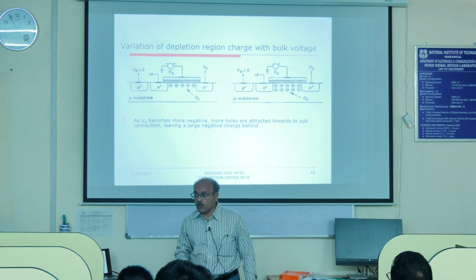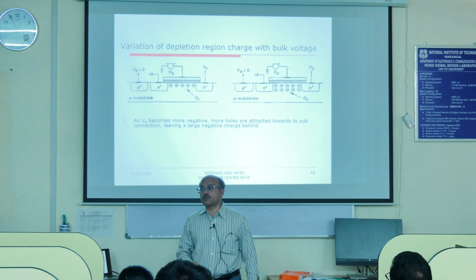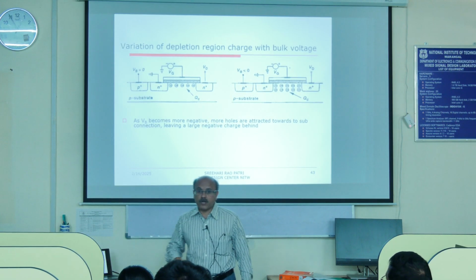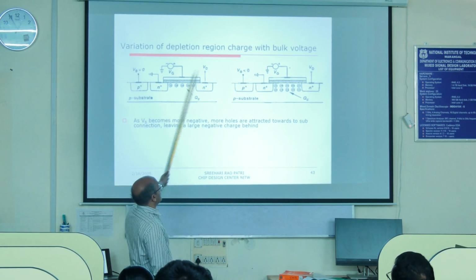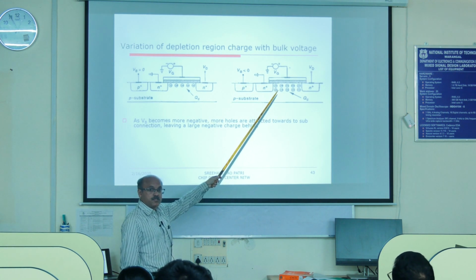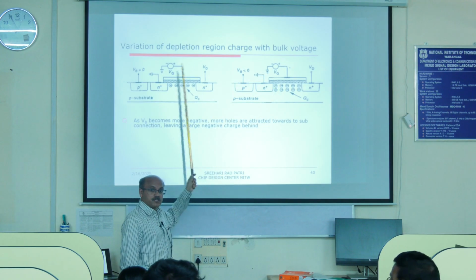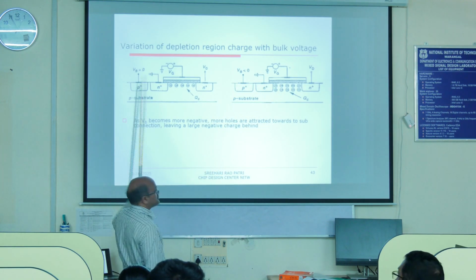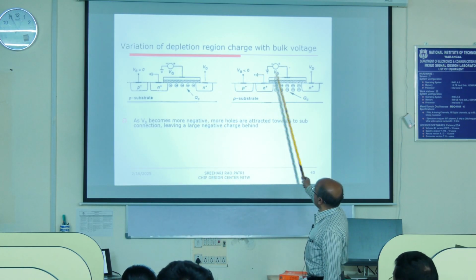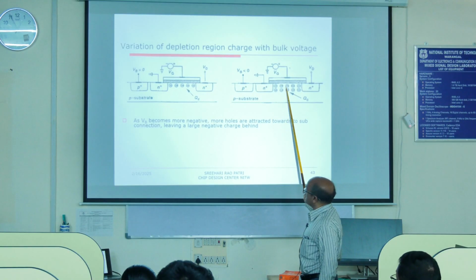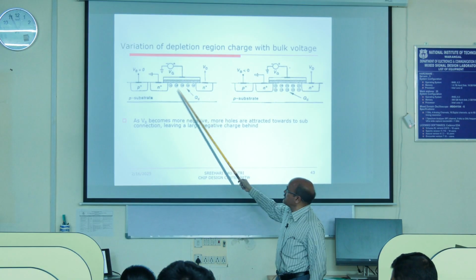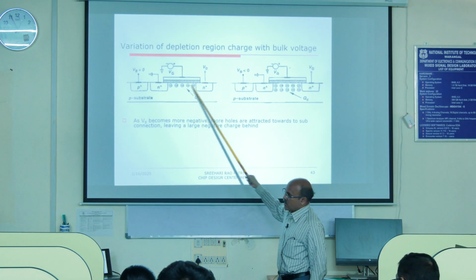Now, if you want to turn the transistor on, what should I do? I have to apply a gate voltage which is relatively more as compared to the case when VB is 0. Now I want to turn this transistor on. In this case, I have to apply some voltage, let us say 0.7 volts, to make the transistor on.